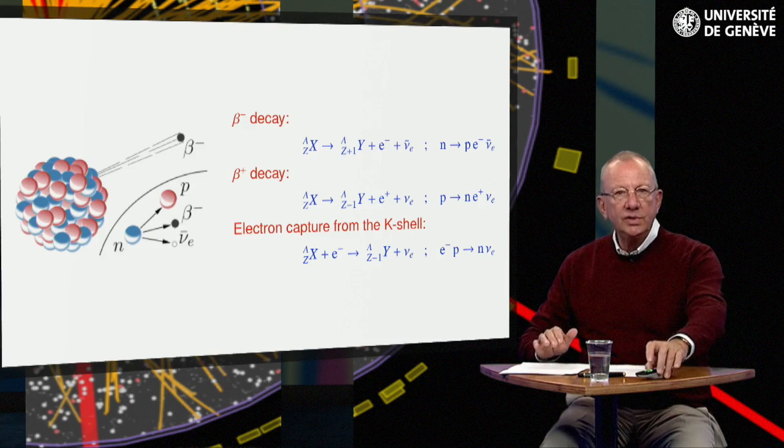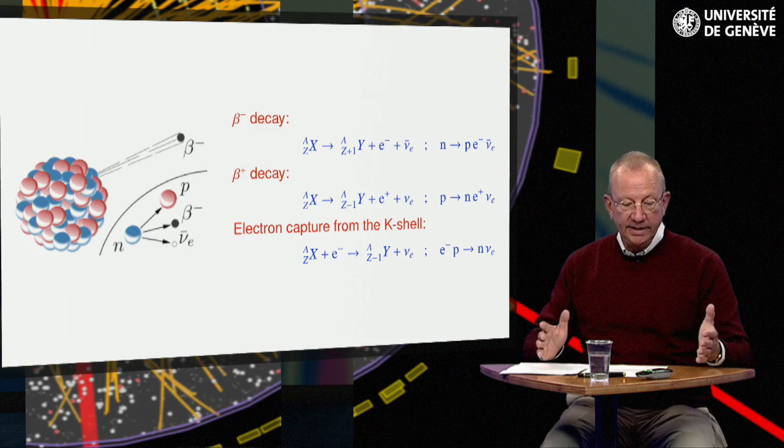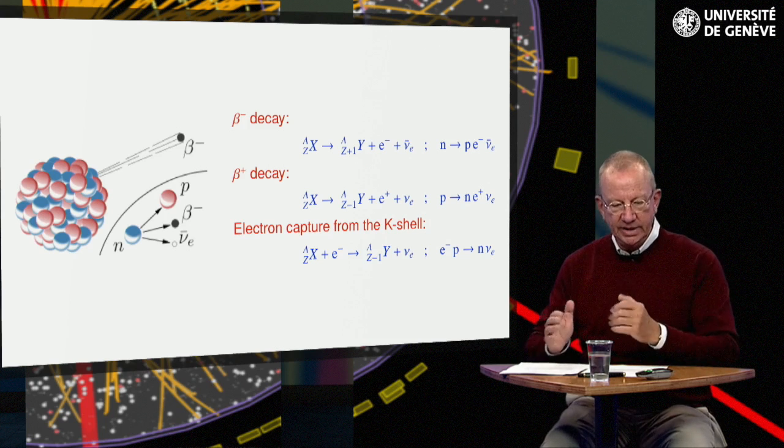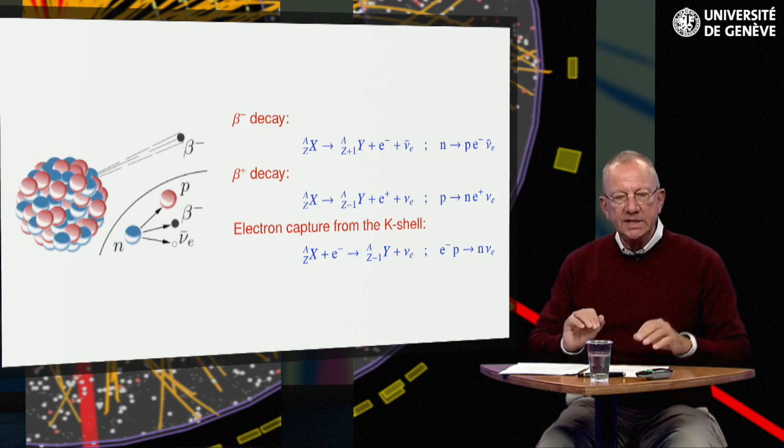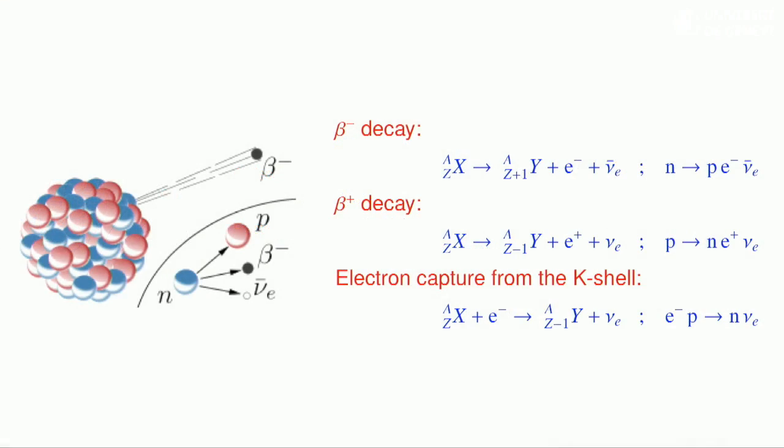A neutron-rich nucleus, i.e. one that has N over Z larger than what stability requires, can transform into a more stable nucleus by emitting an electron and transforming one of its neutrons into a proton in what is called a beta minus decay. To conserve lepton number, this emission must be accompanied by the emission of an antineutrino.